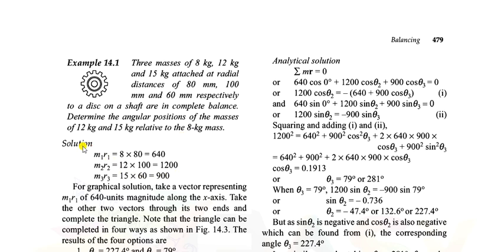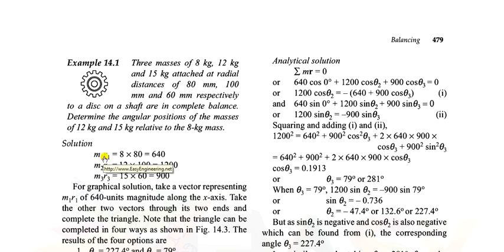Okay, so we know that the balancing force is independent of angular velocity. So instead of calculating m1 r1 omega square, m2 r2 omega square, because omega is also not given here, just m1 r1 is sufficient.